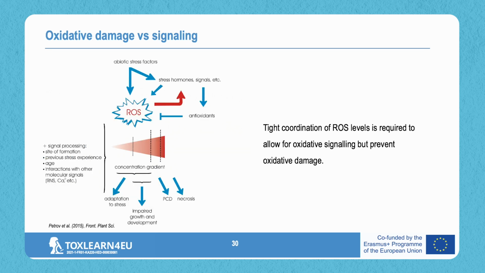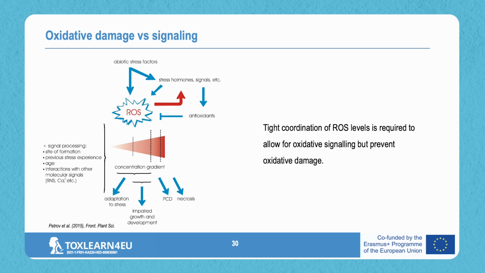But it all comes back to the tight coordination of ROS levels to allow oxidative signaling and prevent damage. So as mentioned on top, we have the stress factors, we get the production of reactive oxygen species, also some hormones and other signals are important, and they will activate the antioxidants so that we get a concentration gradient in which with modest elevated ROS levels an organism can still adapt to the stress.